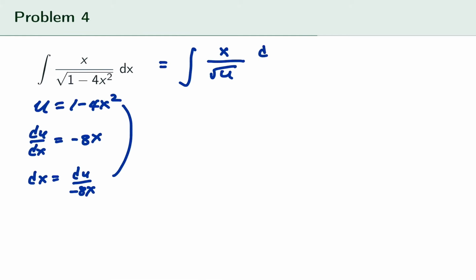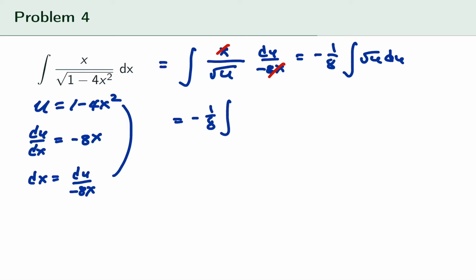Dx was du over negative 8x. And you see that this x cancels out. And we can bring that negative 8 to the front, which is actually 1 over negative 8. So negative 1 over 8 square root of u du. And square root of u, we can rewrite it as u to the half power du.